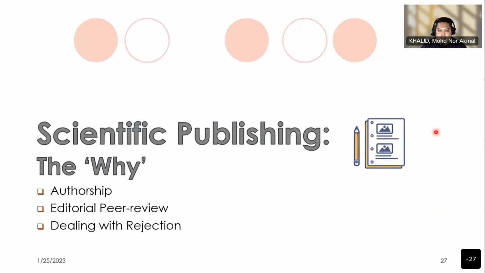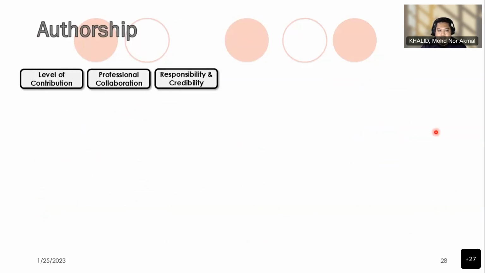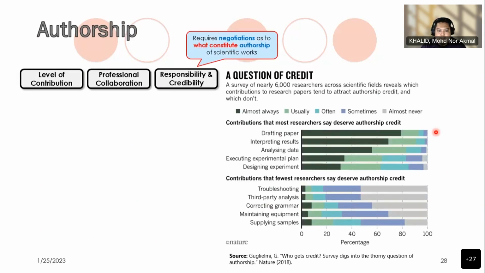And I'll go briefly on the why before I finish my talk on the first part. Usually, becoming an author depends on your contribution to the paper, your professional collaboration and your credibility. So this usually requires some kind of negotiation between the authors. These are surveys done previously. So who should get the credit, right?